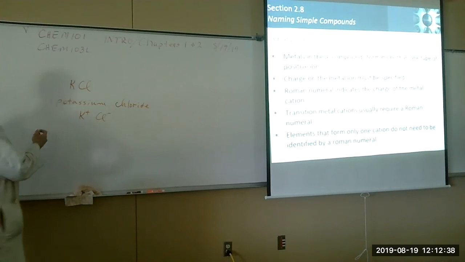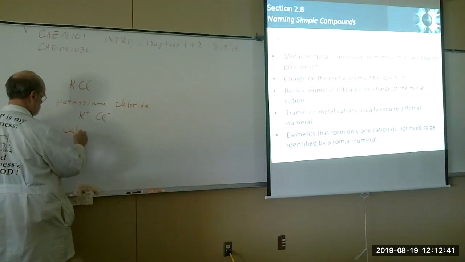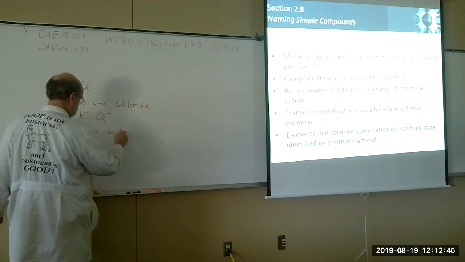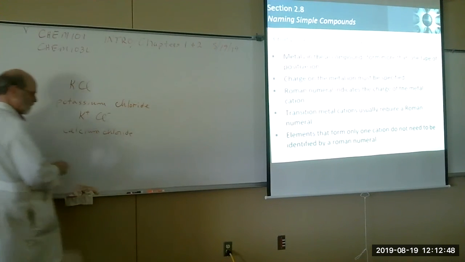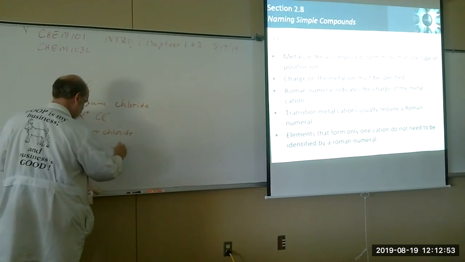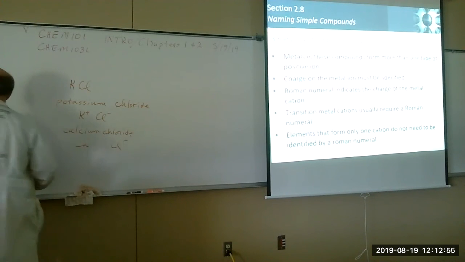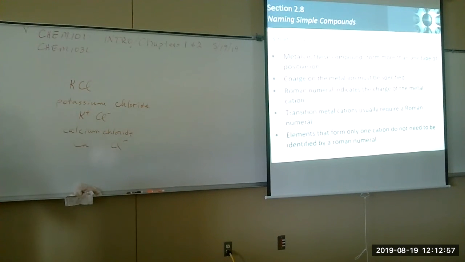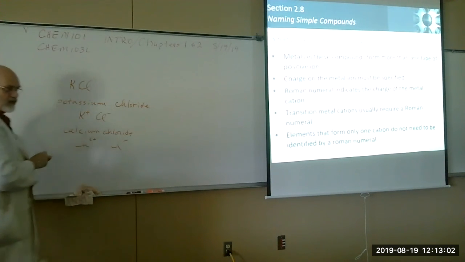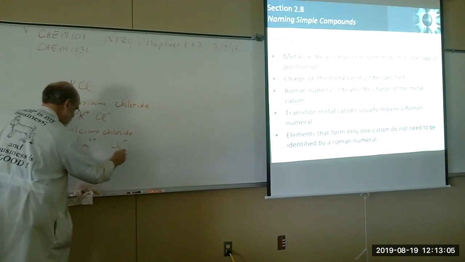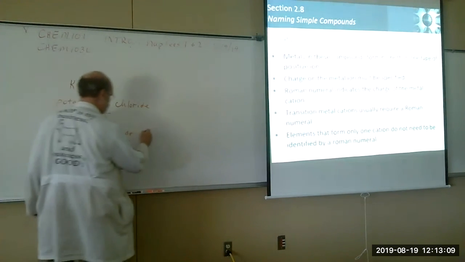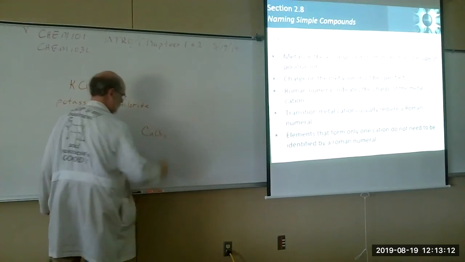If we did something like calcium, we'll stick with chloride. How would you write that one? Well, the symbol for calcium, right? Symbol for chlorine. It's always a -1, but calcium is an alkaline earth. It's always +2. So how do we balance the charges there? We need 2 chlorines. So calcium chloride is CaCl2.